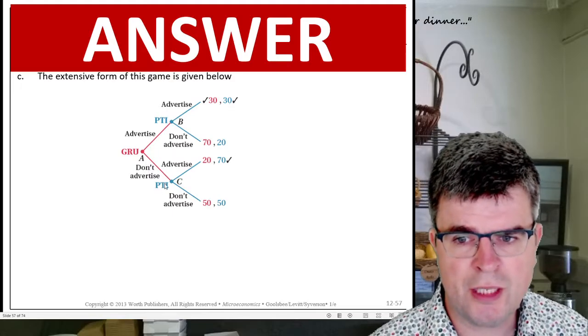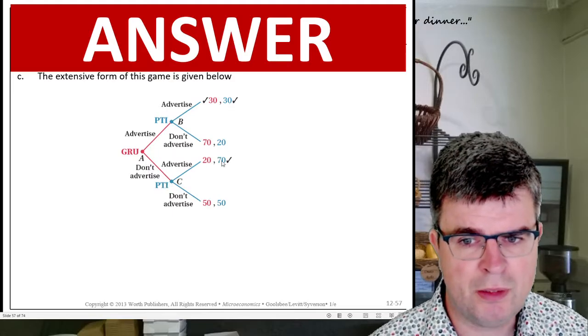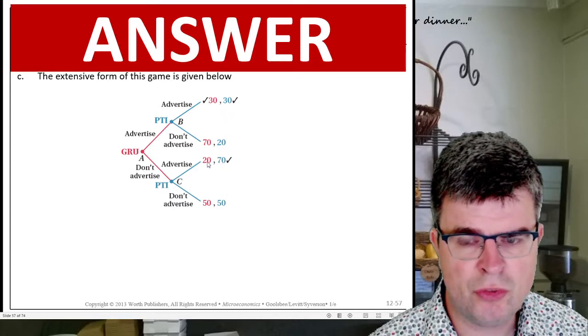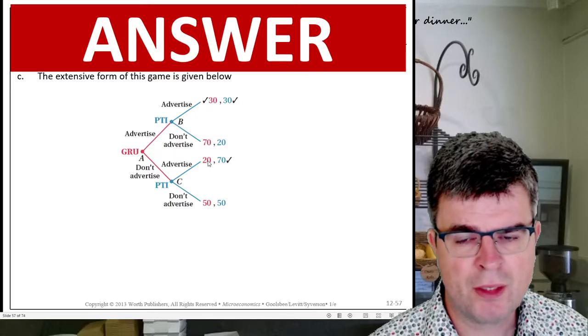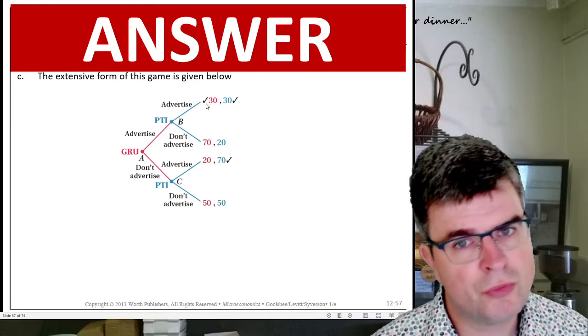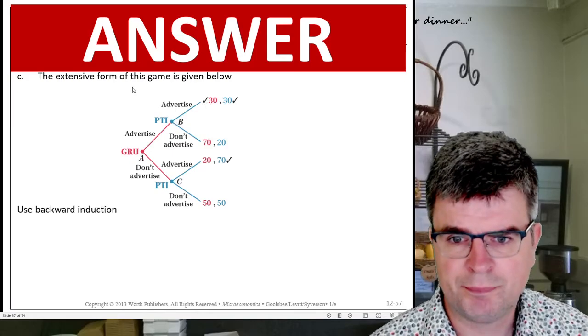Given that GRU doesn't advertise, it's optimal for PTI to advertise. Comparing these two branches of the tree using backward induction, it turns out that it's optimal for GRU to advertise as well, because 30 is more than 20.